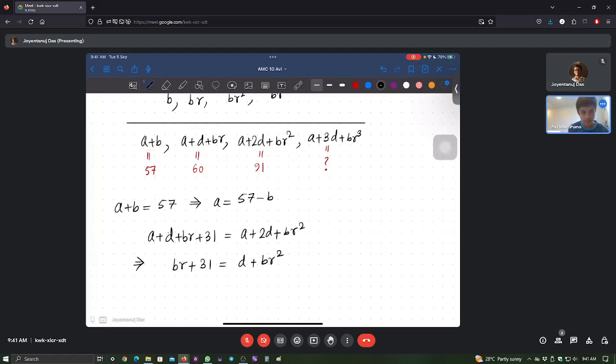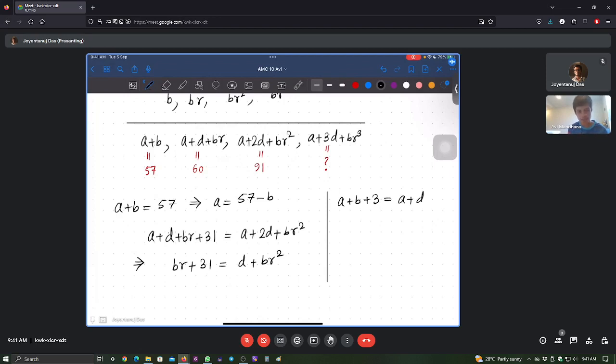So how will it help? Then you say a plus b plus 3 is equal to a plus d plus br. So then b plus 3 is equal to d plus br.